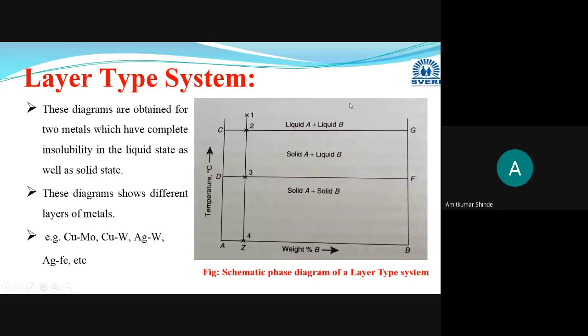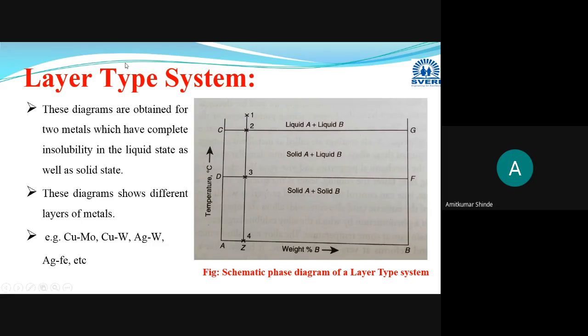You have to draw one circle, and you have to show two liquids with different colors, that is liquid A and liquid B, in this region 1 to 2. As temperature is decreasing, there will not be any change in the phase. Means only the liquid phase will be there in the region 1 to 2, and you can clearly see the two different liquids.